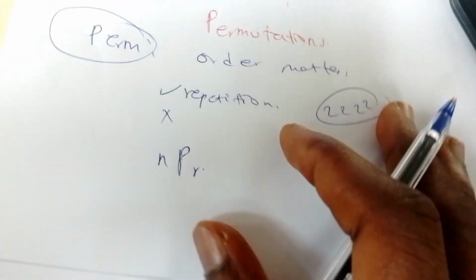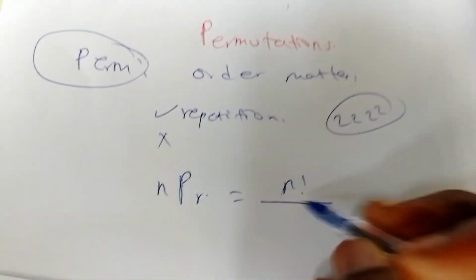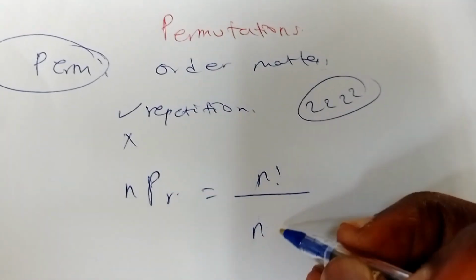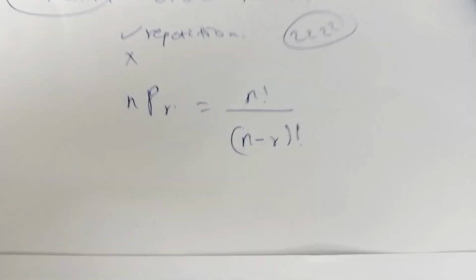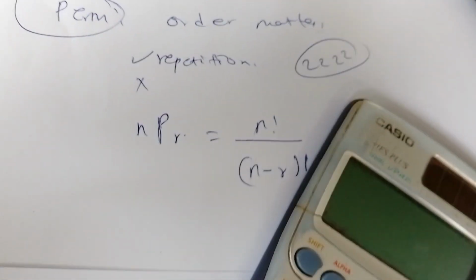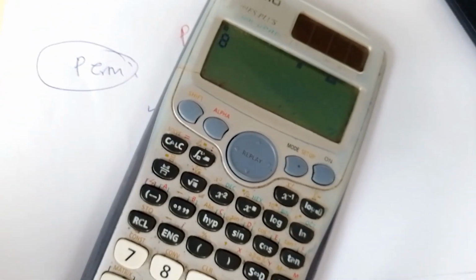Okay. So, calculating permutations, nPr. This is your formula. I don't know the format of the exam, whether it's going to be objectives. But if it's objectives, you don't even need to do this. You just find your numbers. Let's say you have 8 things you are trying to arrange.